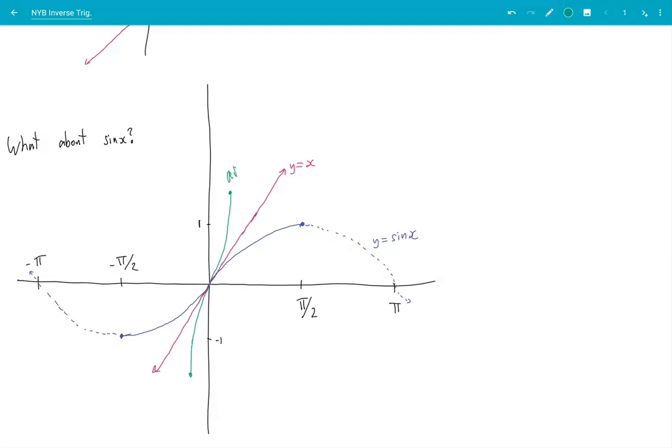So here's what I'm going to call arc sine of x. This is also known as sine inverse of x, but I'm going to use the arc sine notation, and I'll tell you why later.